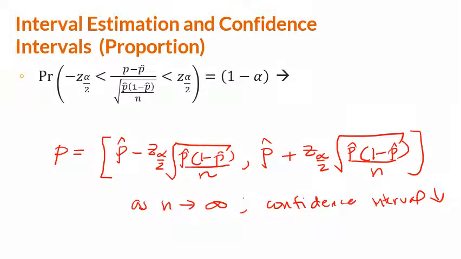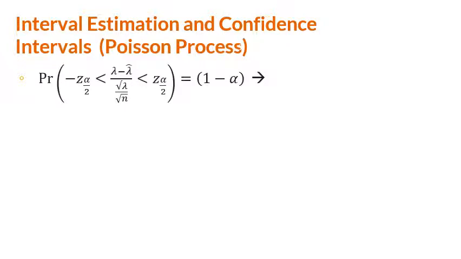Okay, for the Poisson process, if you recall in class, yung derivation natin, yung mean natin is equal to your variance. Okay, so actually, yung sigma mo dyan should be substituted with your sample mean.